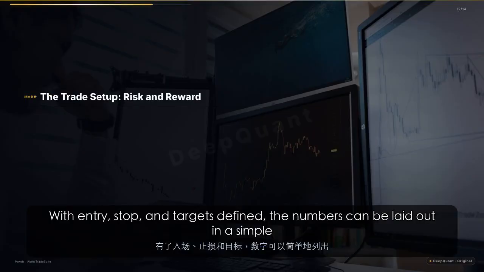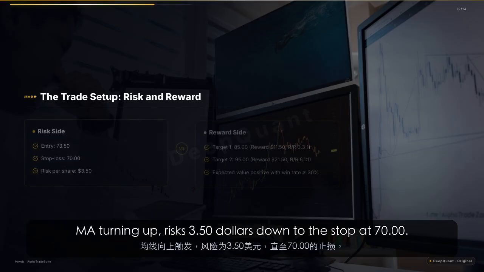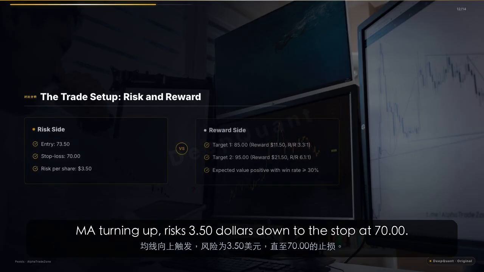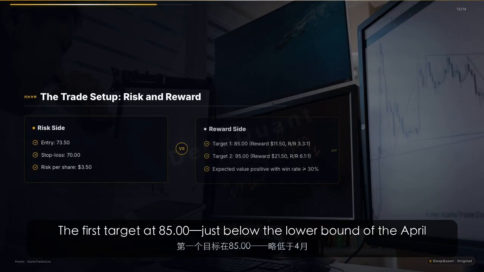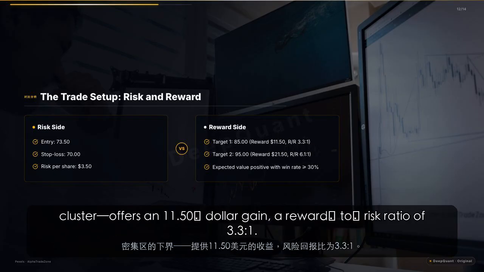With entry, stop, and targets defined, the numbers can be laid out in a simple comparison. A buy order near 73.50, triggered by the false break recovery and the 20-day MA turning up, risks $3.50 down to the stop at 70.00. The first target at 85.00, just below the lower bound of the April cluster, offers an $11.50 gain, a reward-to-risk ratio of 3.3 to 1.